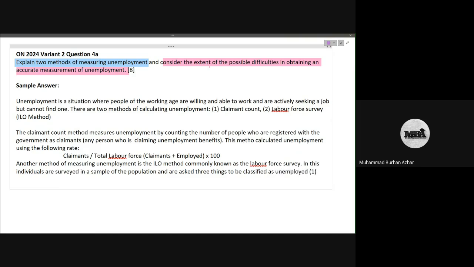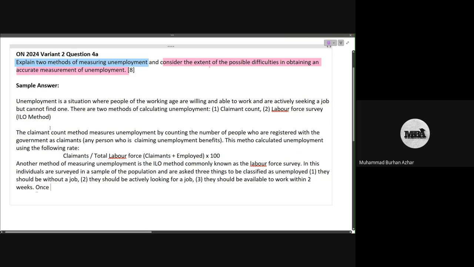Number one, they should be without a job. Number two, they should be actively looking for a job. And number three, they should be available to work within 2 weeks.